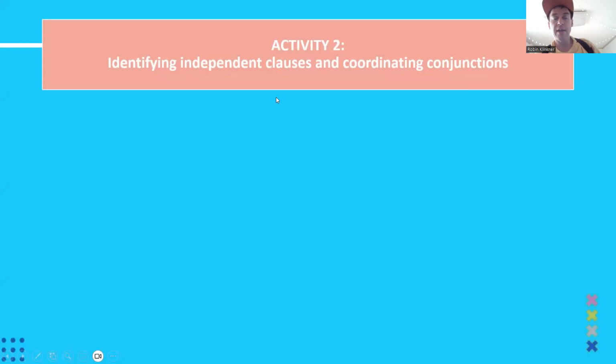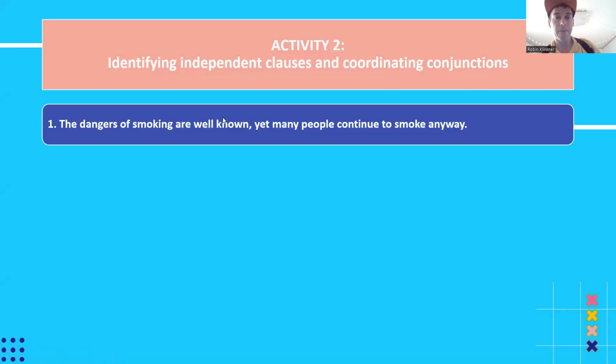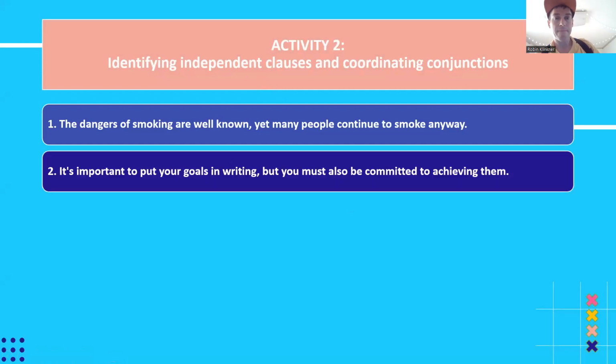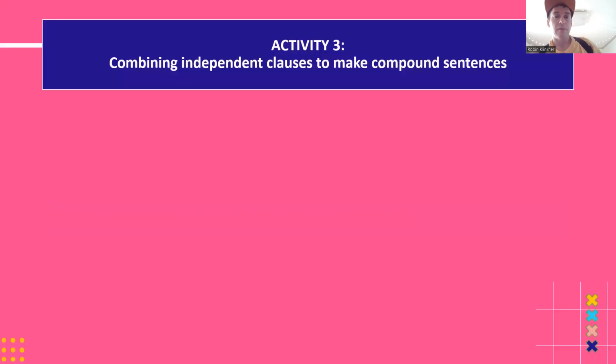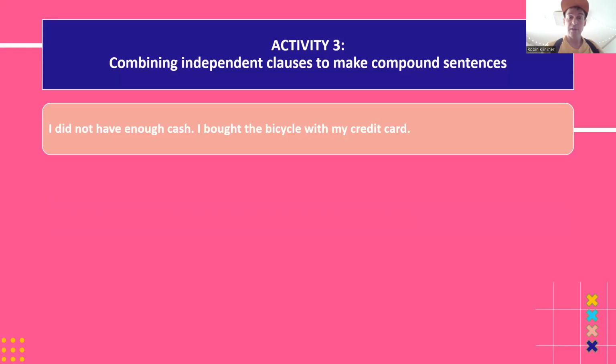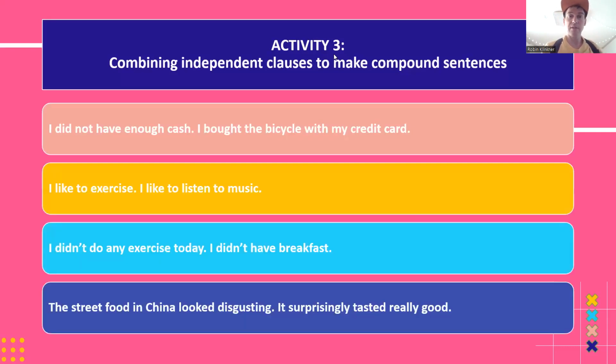All right. And activity 3. Oh, I'm sorry. That is activity 2. Okay. Activity 3, combining independent clauses to make compound sentences.